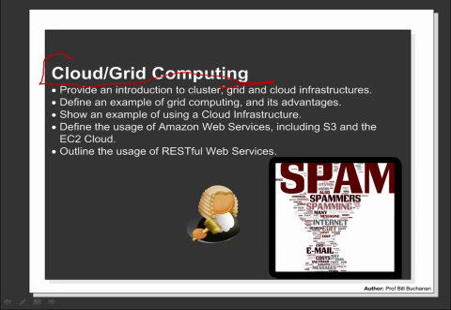We had a look at clustering, grid and cloud systems. We then looked at some of the advantages of grid computing and an application, and then went on to look at how we can use cloud infrastructures, especially around Amazon Web Services. Okay, so that's given you a general introduction to cloud systems.